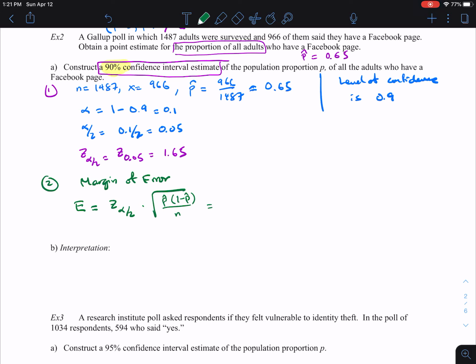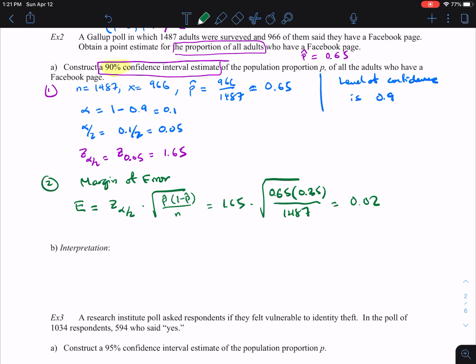So z of alpha over 2 is 1.65, times the square root of p hat, 0.65, times 1 minus p hat, 0.35, over sample size 1487. We're going to use a calculator to get the answer. That comes out to be roughly 0.02. So the maximum difference is about 2%. We allow our estimate to be about 2% to the right and 2% to the left from our p hat.